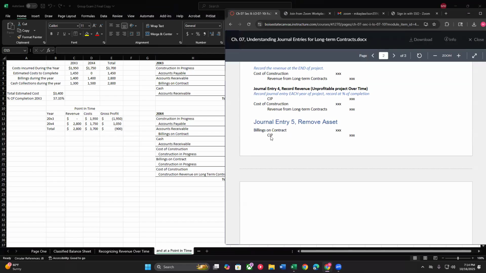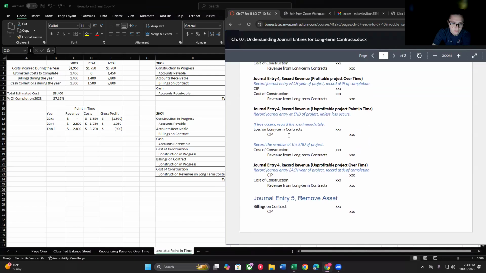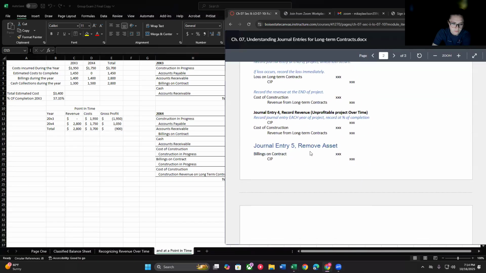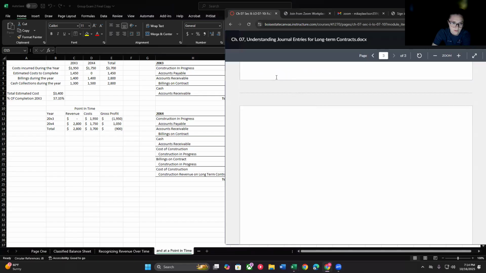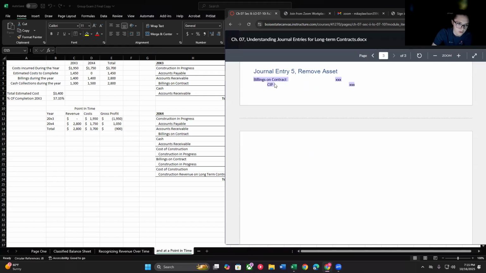It says right there building, though, CIP. It says at the top CIP, cost of construction and revenue. That's for journal 4. I'm talking about journal 5 right here. It's supposed to be the very last one of billings on contract and construction in progress, so that you close it out, and both construction in progress closes out and billings closes out.